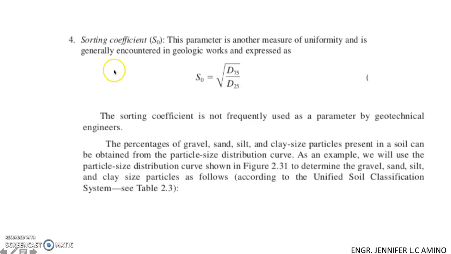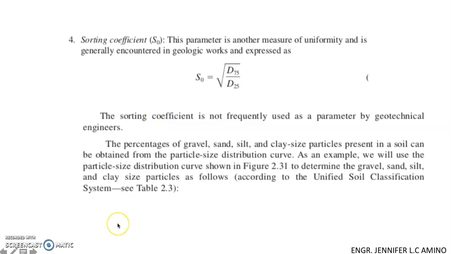Then of course the last one is the sorting coefficient. This is expressed in this manner. D75 is the diameter of the 75% finer. D25 is the diameter of the 25% finer. So the sorting coefficient is not frequently used as a parameter by geotechnical engineers.